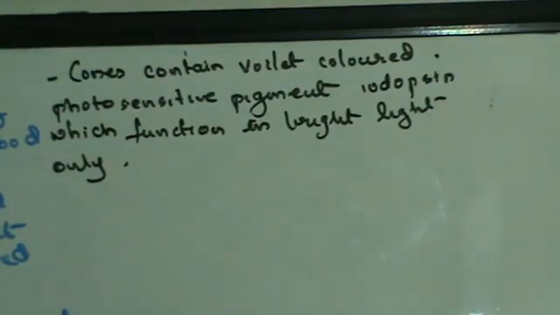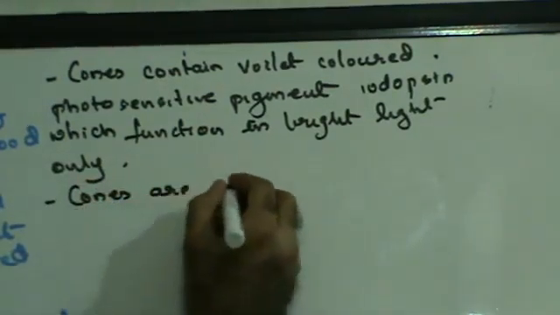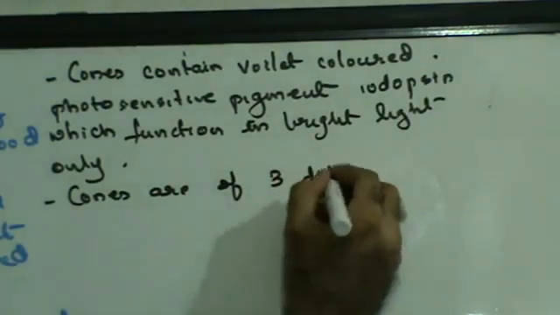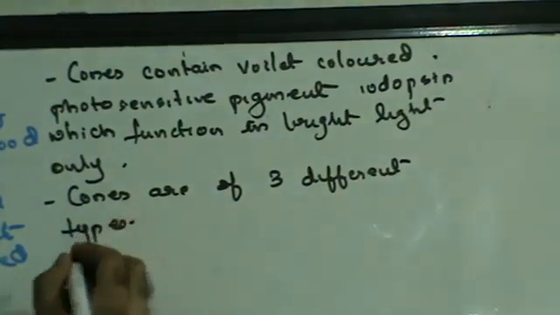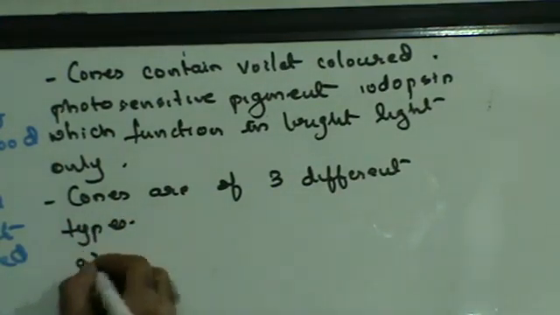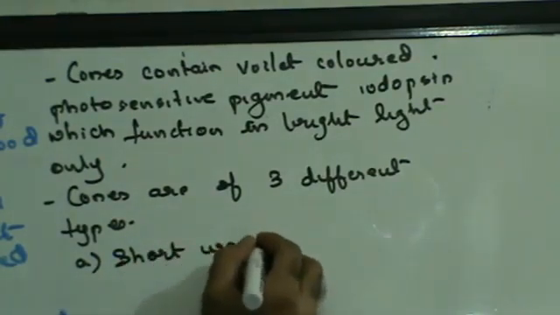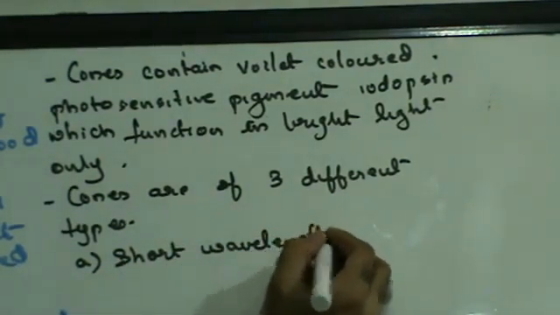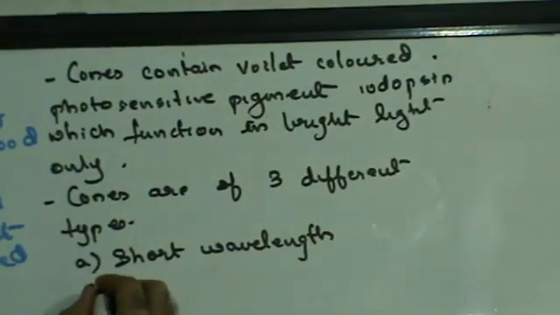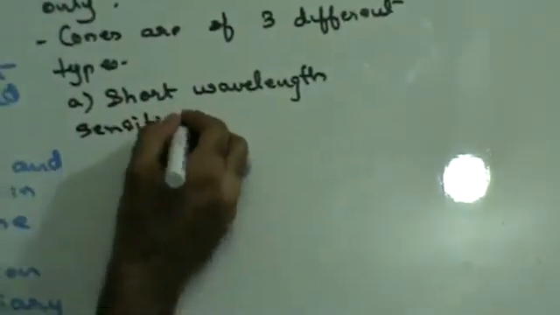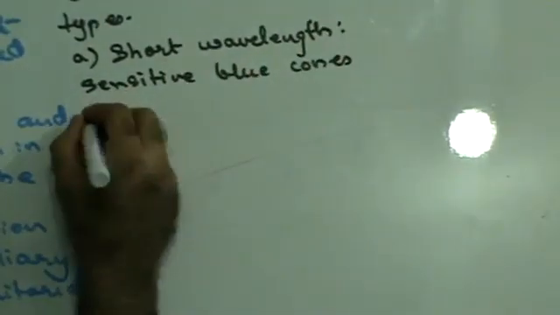Right? Cones are of three different types. First, you have the short wavelength, which are responsive to short wavelength. These are your sensitive blue cones.